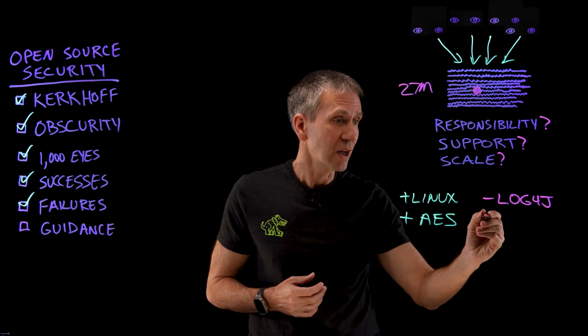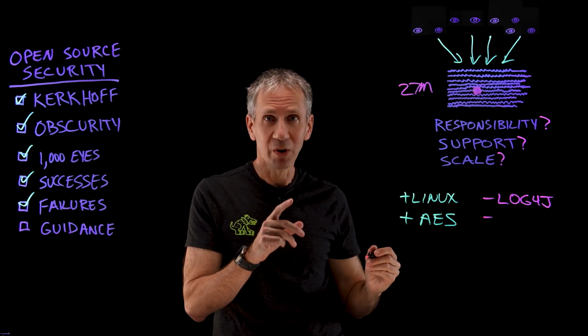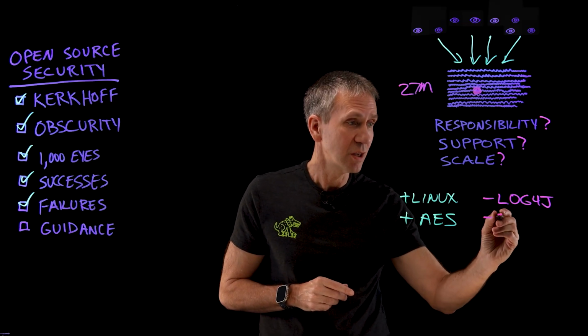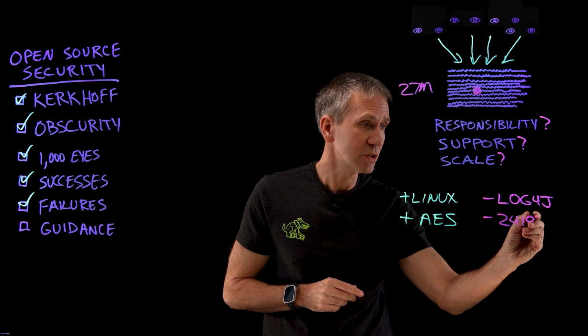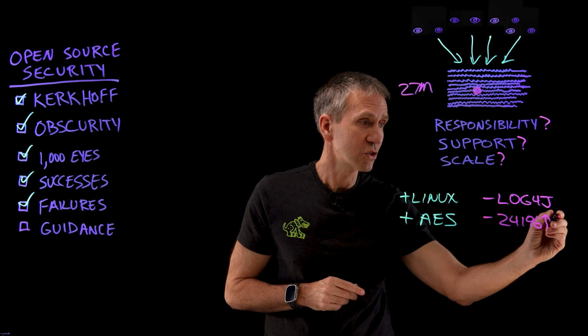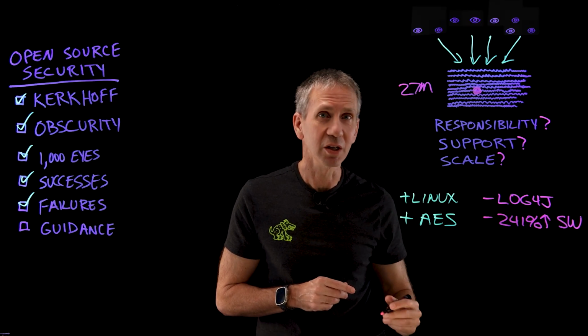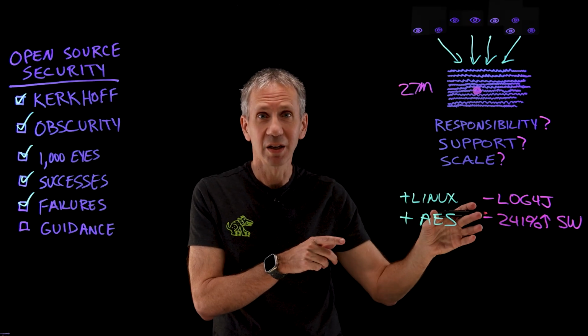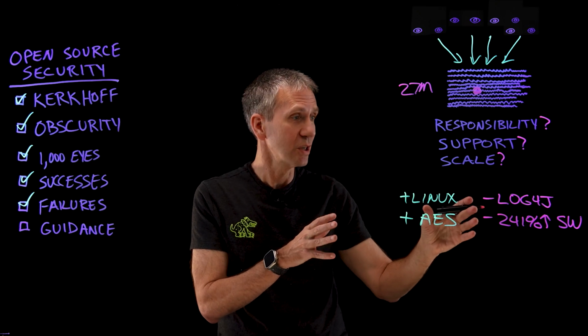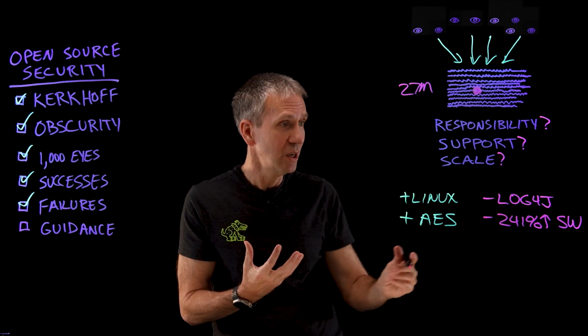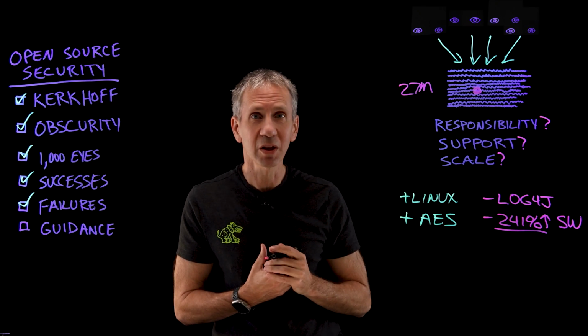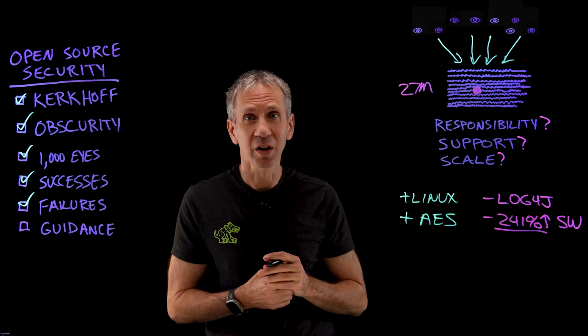Some other things that we found: IDC reported in 2023 that there was a 241% increase in software supply chain vulnerabilities. That's a big number. Looking at open source and saying we're using all of this code and the number of vulnerabilities is increasing astronomically.